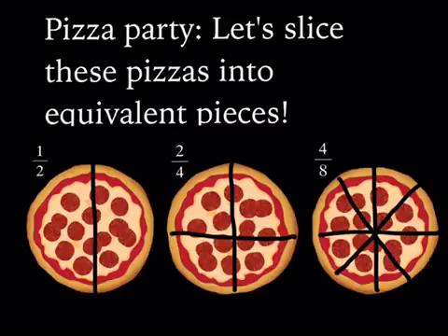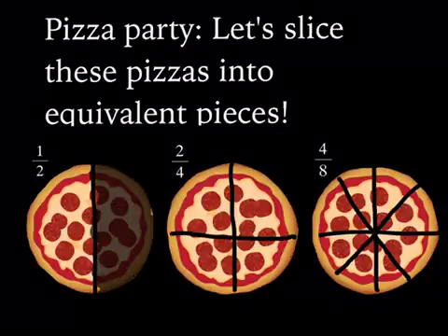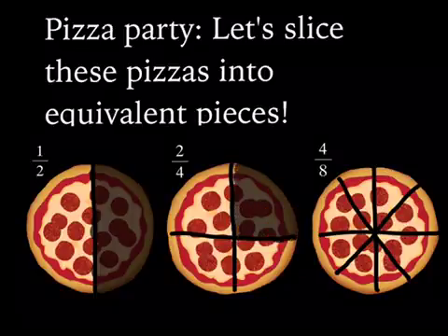Now we're going to show exactly how these pizzas are equivalent. So for the first pizza, I need to shade away 1/2 of the pizza. Let's pretend like you're eating half the pizza, you're super hungry. For the second pizza, I need to take away 2/4, so there's 1/4, and here's another 1/4.